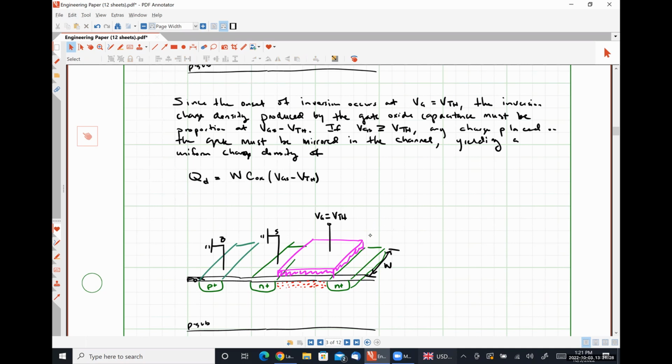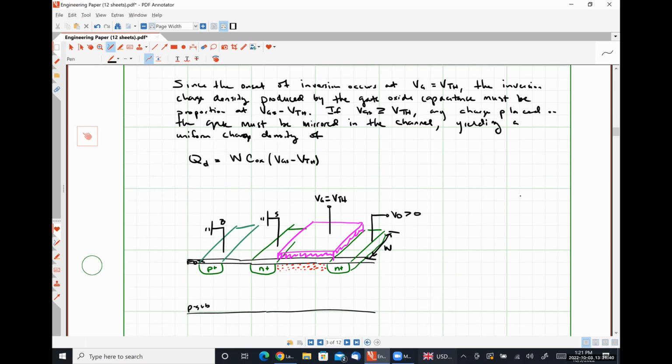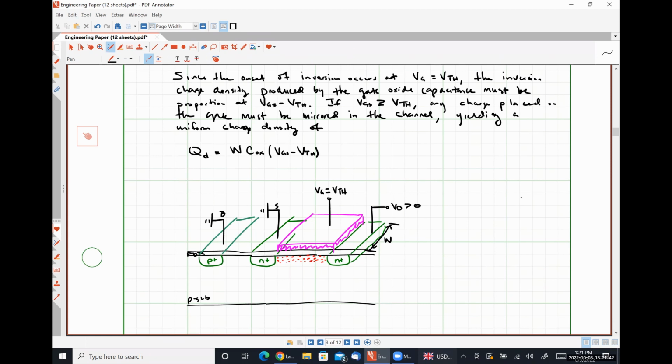If we let this voltage VD become greater than 0, what happens? Well, we should observe that since the potential across the channel is now non-uniform, the charge density should also be non-uniform.